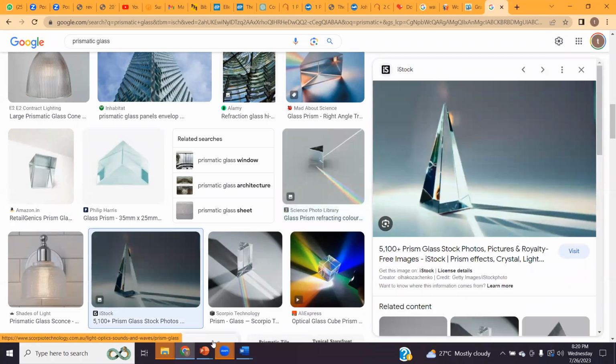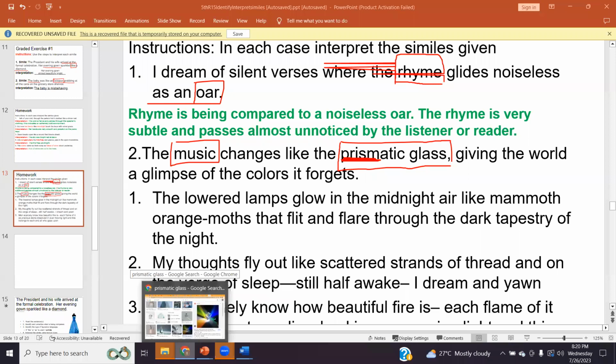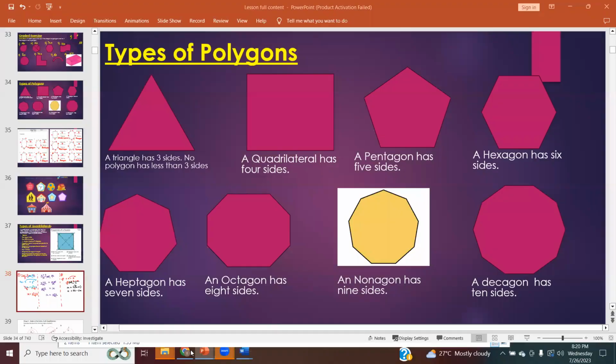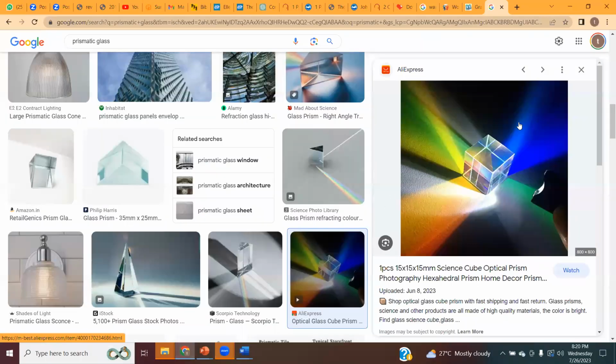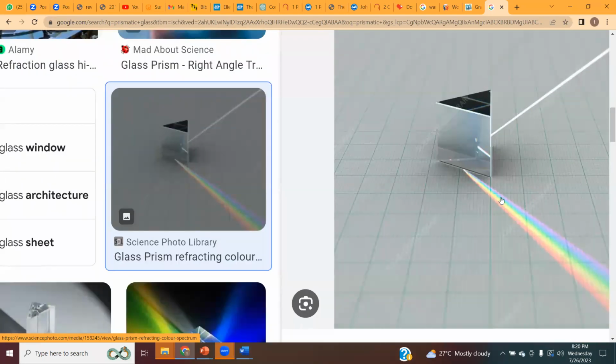Now, if we look at this prism, when light enters it, you see that the light splits. When white light enters this glass prism, white light splits into the spectrum. I don't know if you're all familiar with that in science. So when white light enters this triangular prism, it's gonna split into various colors.